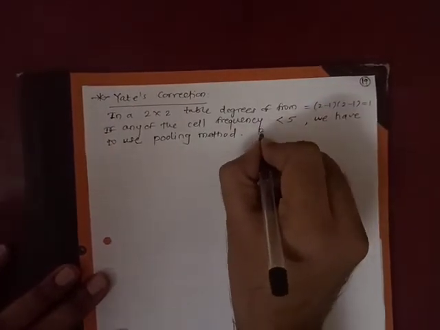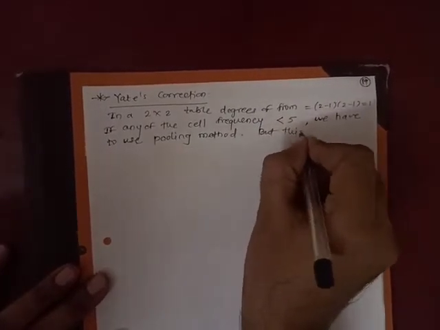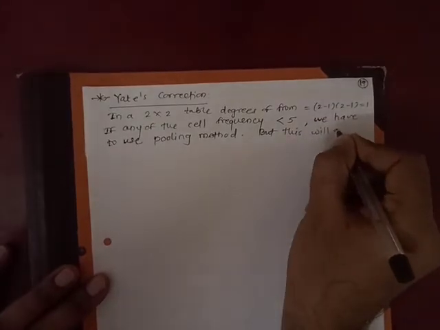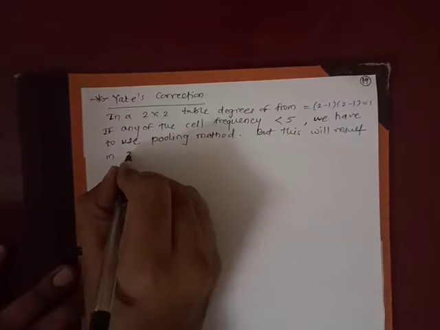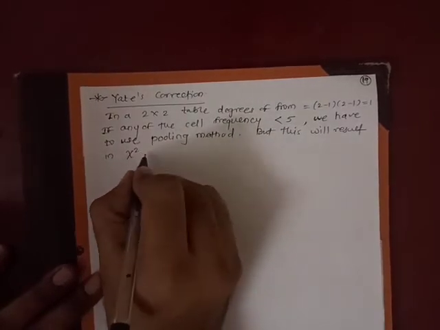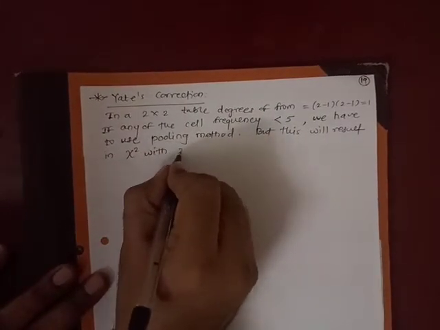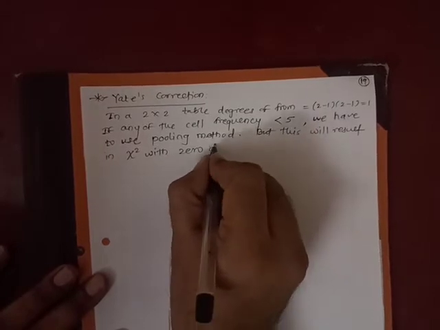But this will result in chi-square with 0 degrees of freedom.